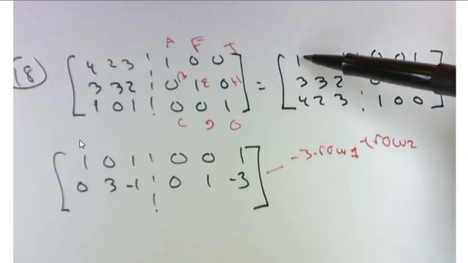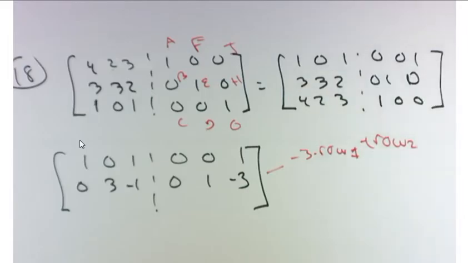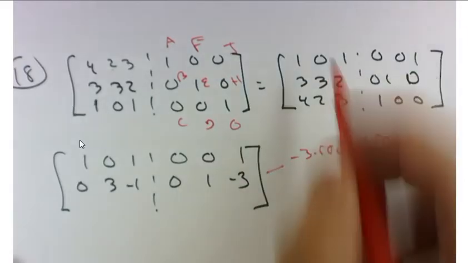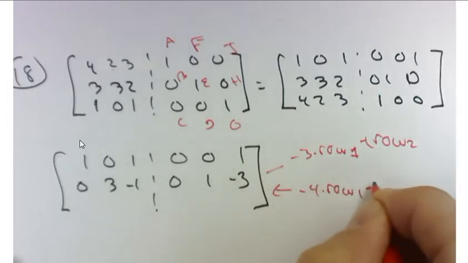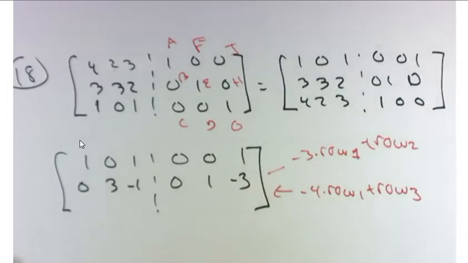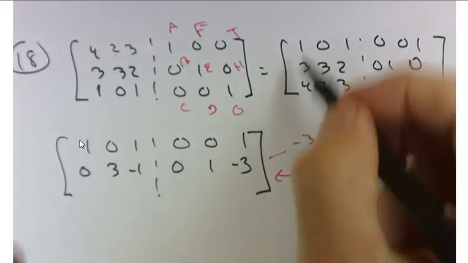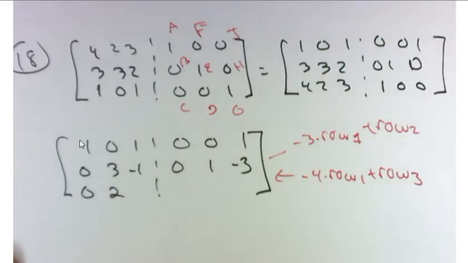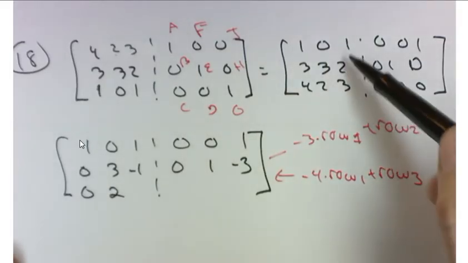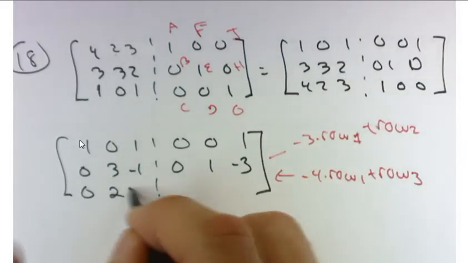Let's do the same thing and get a 0 here. So -4 times row 1 added to row 3. Well, the first one's going to be a 0. Second one's going to be a 2. What else? -4, that's going to be a -1.